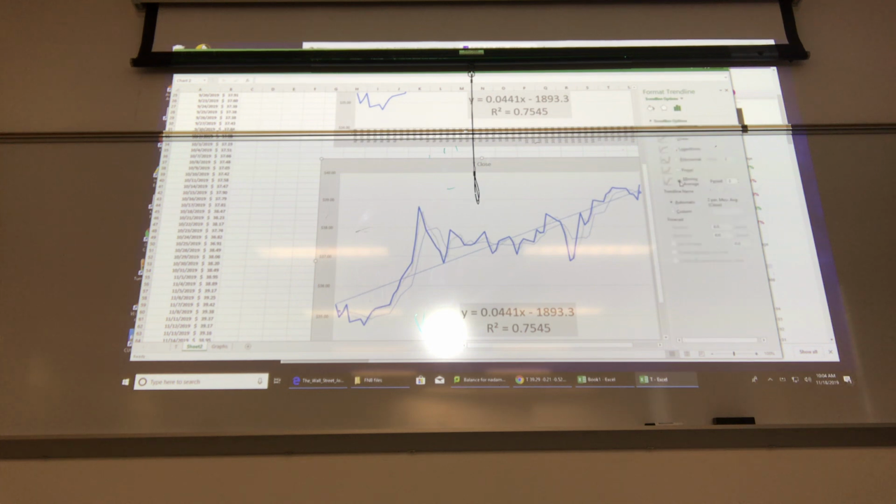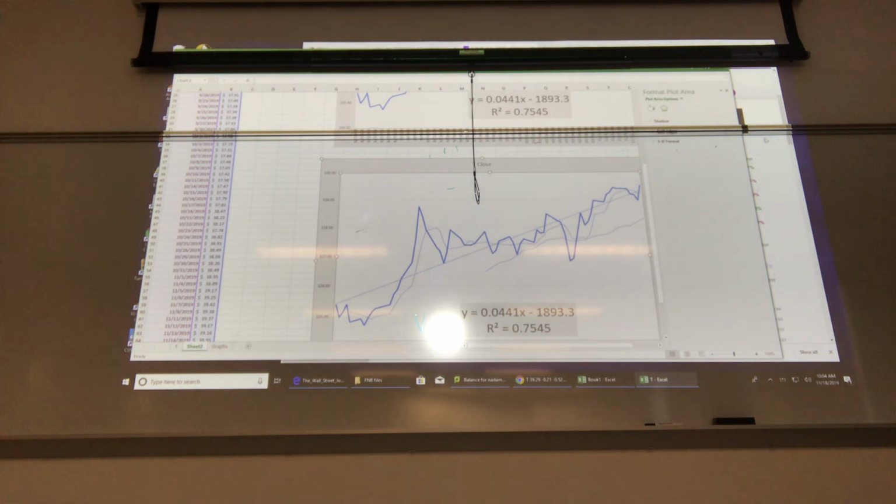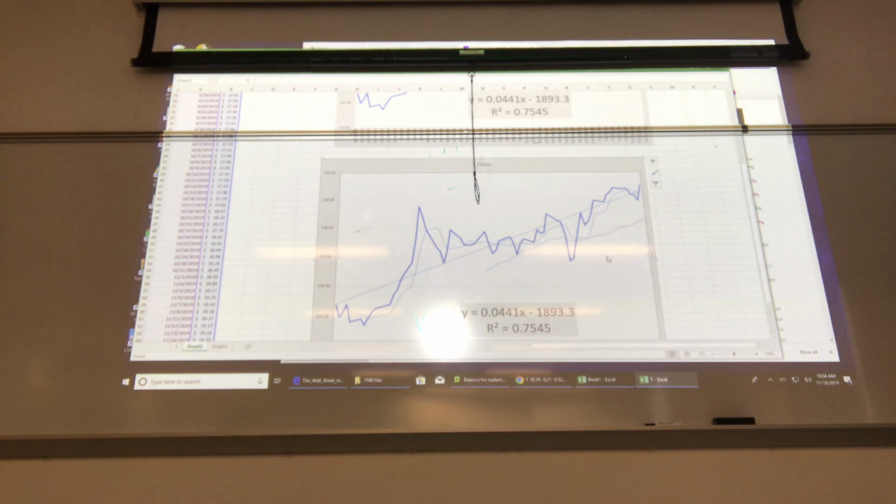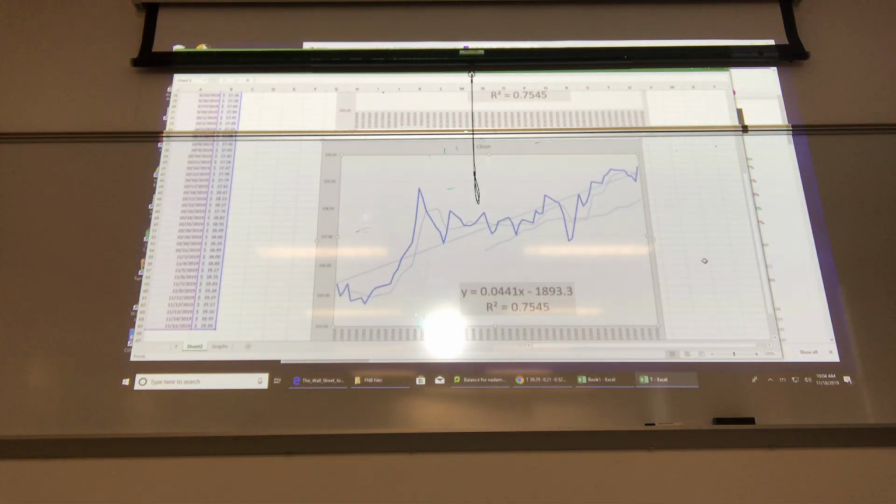I want a moving average, and I would like to see how many days I have in a month. I go and do 30, which means I look at it at the monthly level.